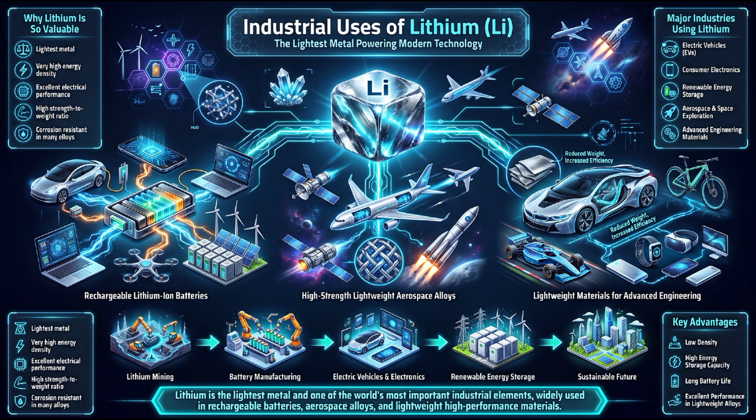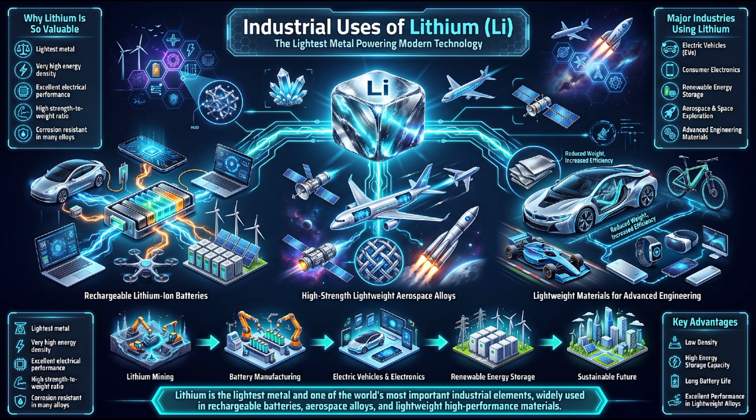Lithium is also widely used in aerospace and space exploration. Because lithium has an extremely low density, it is used to manufacture lightweight, high-strength alloys for aircraft, satellites, rockets, and spacecraft. Lithium-containing aluminum and magnesium alloys reduce the overall weight of aerospace structures without compromising their mechanical strength.